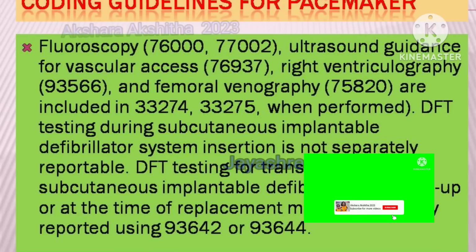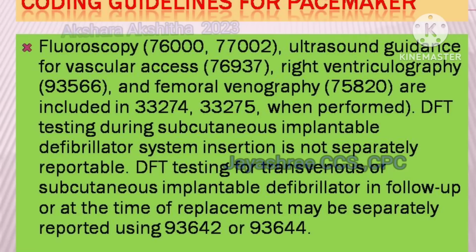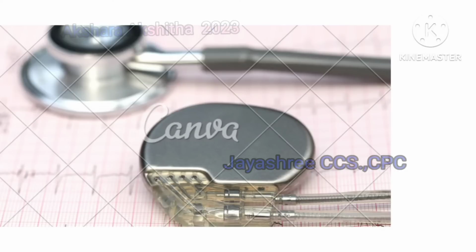In the main CPT codes, under the parenthetical note in the brackets, there will be a note saying we should not report this code with this code. So this information we can find in our book, for the particular CPT code. Under the parenthetical note itself you can find these guidelines.